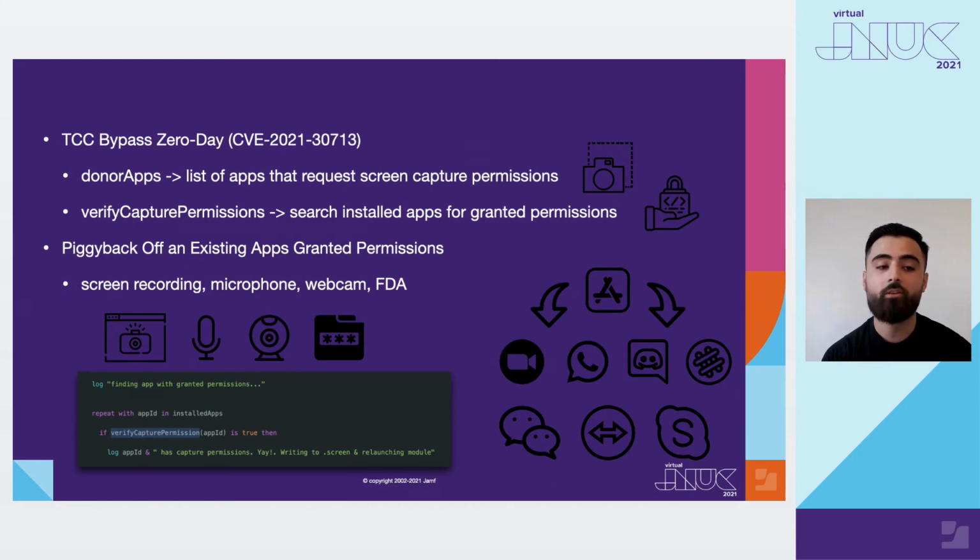Upon finding an application installed on the victim's computer, it would piggyback off of the existing app's granted permissions. And this is not limited to screen recording permissions. We've actually tested and verified that this was also applicable to microphone, webcam, and full disk access permissions, so long as these are already granted to these applications. And the app celebrates when finding a donor app, which is very common with POC exploit code.